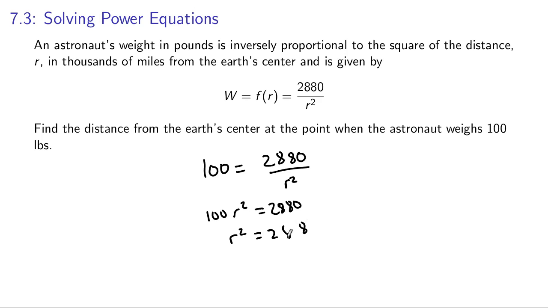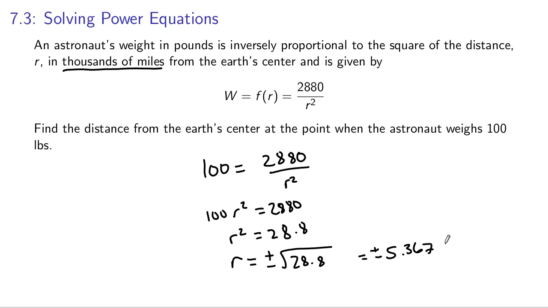Now taking the square root of both sides, we get that r is plus or minus the square root of 28.8. The square root of 28.8 is about 5.367, and the units of r were thousands of miles.